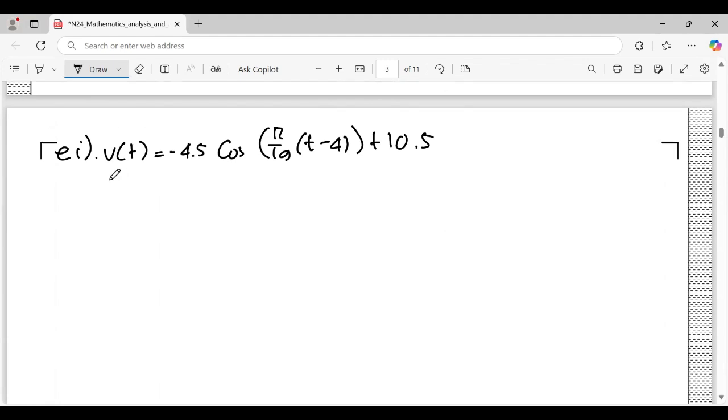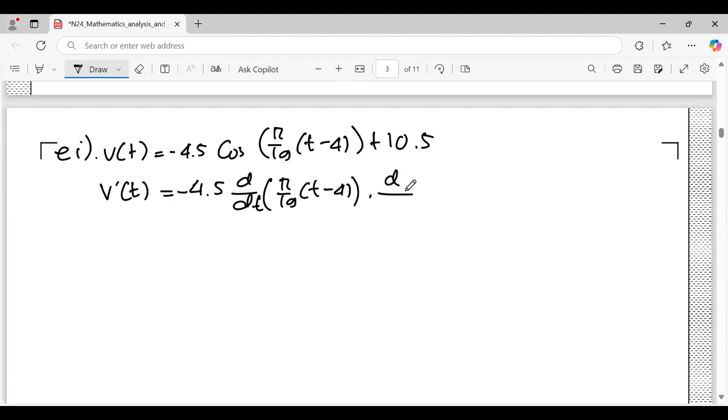It means the derivative is -4.5 times the derivative of the expression in brackets, pi/19 (t - 4), and after that the derivative of cosine.